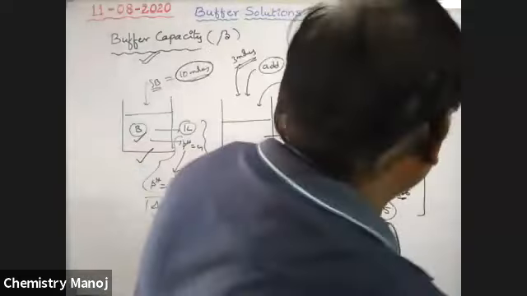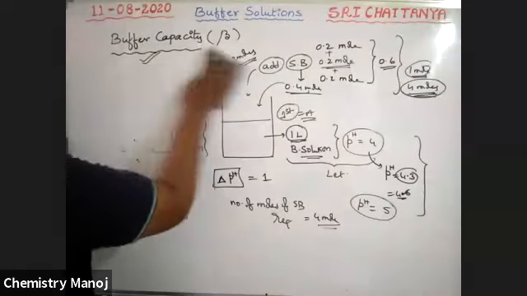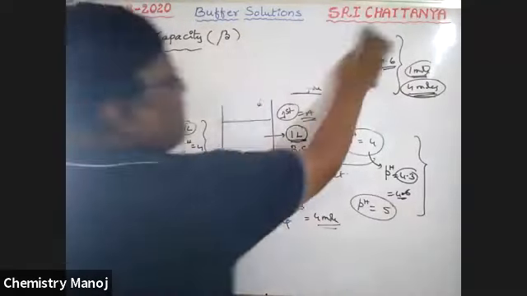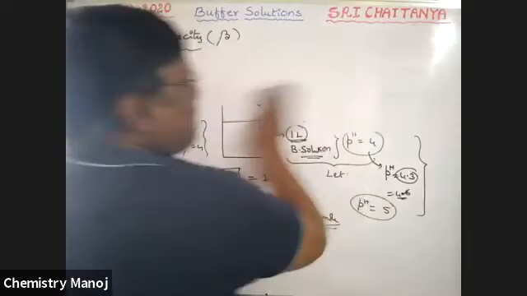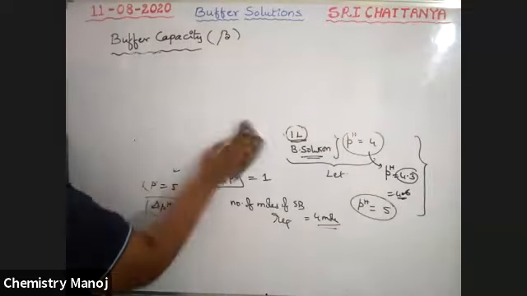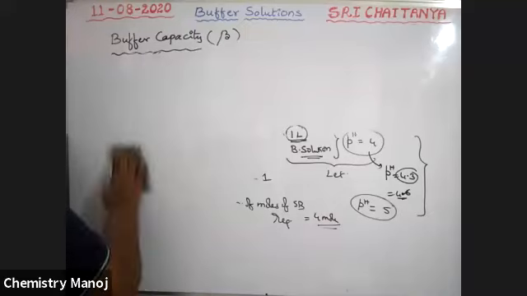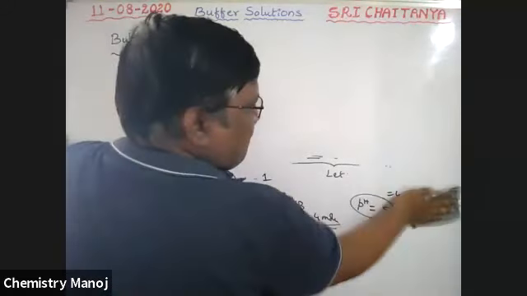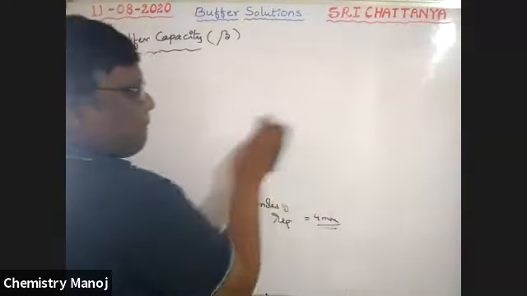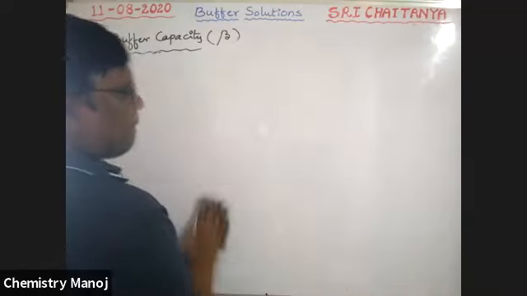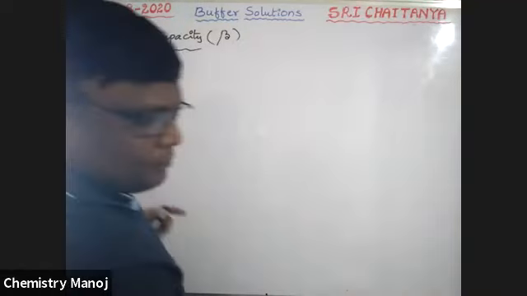See here, I am writing the statements. What is this buffer capacity?